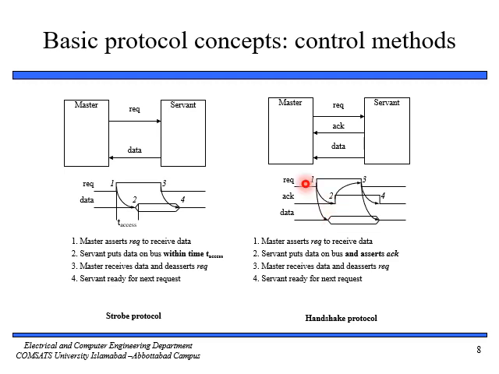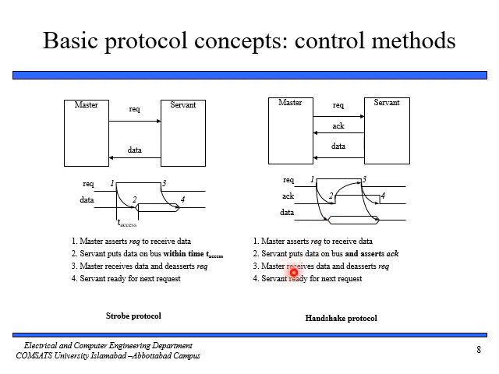So here at 2 the servant is asserting the acknowledgement signal. Okay, so this is the acknowledgement signal, and once it asserts the acknowledgement signal, we are putting data on the bus at the same time, kind of.